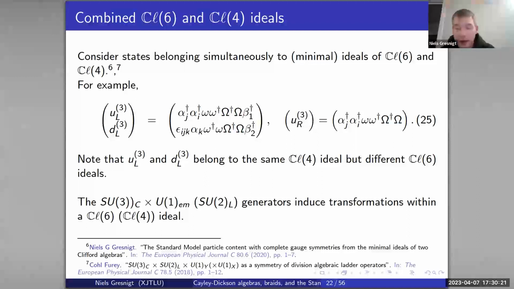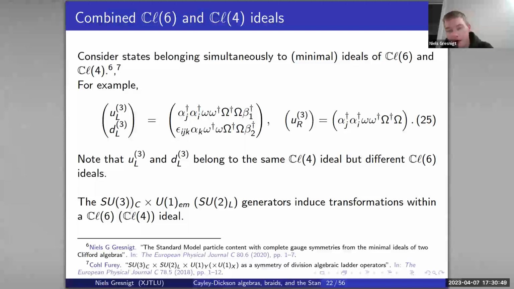If you look at equation 25, I've written one doublet there, with an up quark and a down quark. The bits on the left-hand side there, the alphas and the alpha daggers, contain all the information about the color and the electric charge. The bits on the right-hand side tell you that it is a doublet, and so it's going to be left-handed.